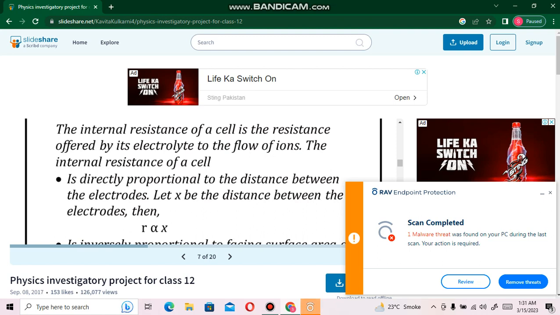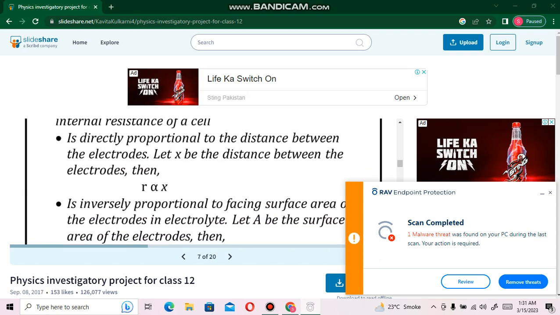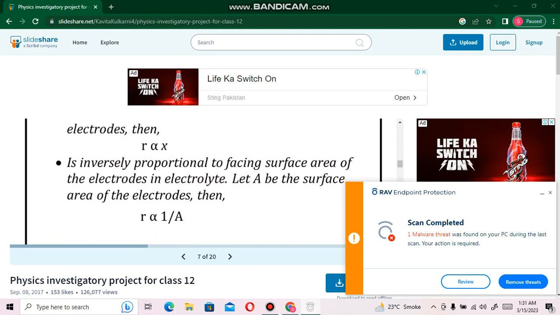Let x be the distance between the electrodes, then r is proportional to x, and inversely proportional to the facing surface area of the electrolyte.